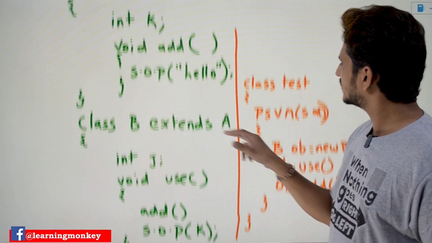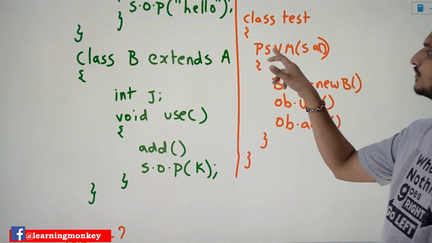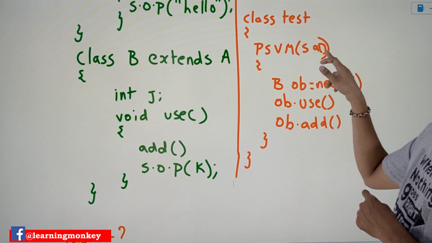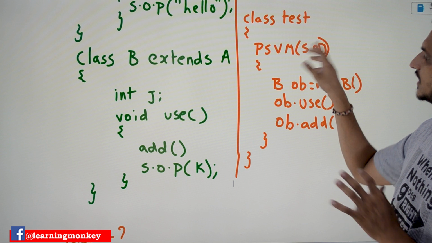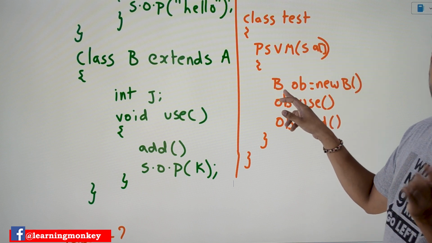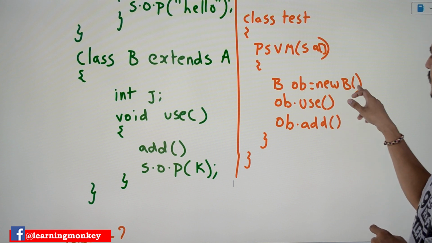Now take one more class, class Test. Here we have written public static void main(String args[]). We have written the shortcut in order to avoid space, and here we have created an object for B: ob = new B().